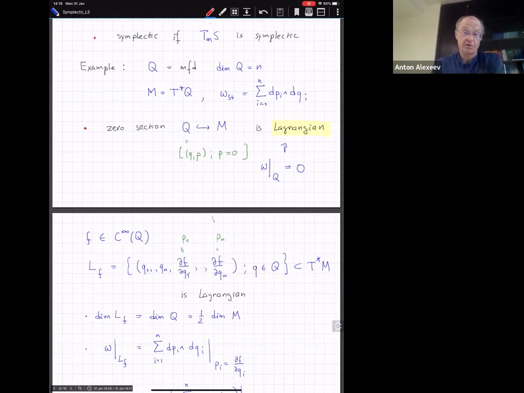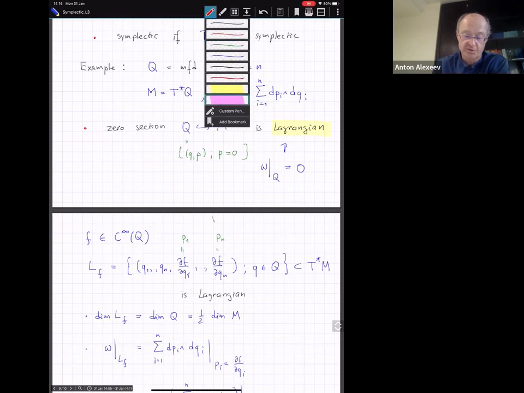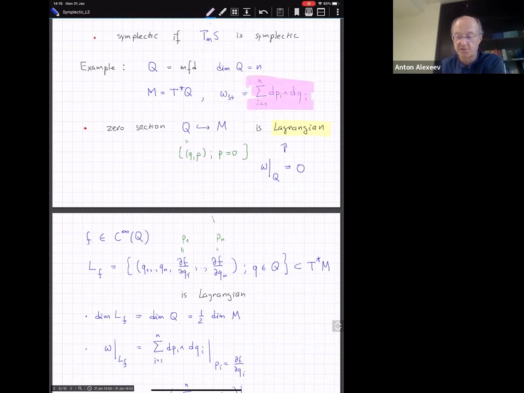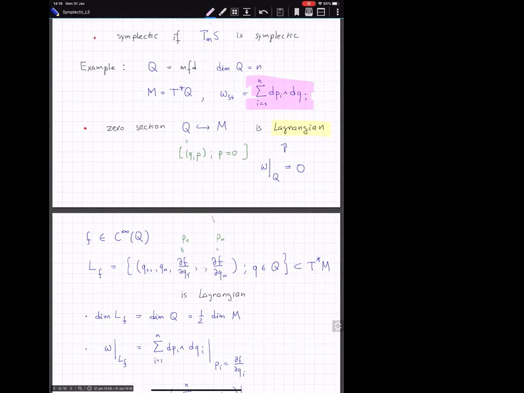So over that point, the fiber is a vector space, which is just the cotangent space at that point. So it's clearly Lagrangian because the standard form on the cotangent bundle is dp ∧ dq. Now, if I'm saying that the q's are fixed, their differentials vanish on the fiber. Yes, of course, but maybe something more interesting.